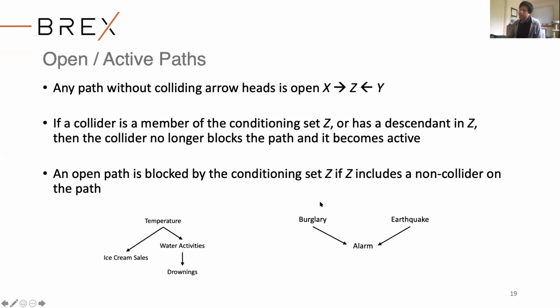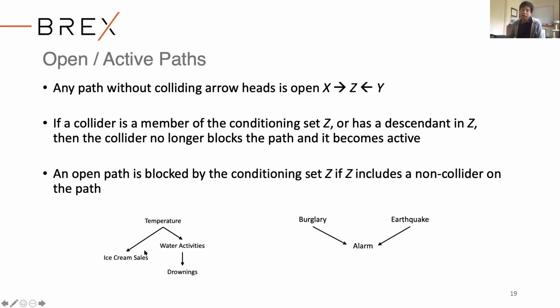For example, with burglary, let's say you have a house alarm that activates, and it also activates when there's an earthquake. They both cause the alarm, but that doesn't mean they're going to be correlated with one another. These are essentially independent events. So this kind of path through the graph does not transmit correlation.